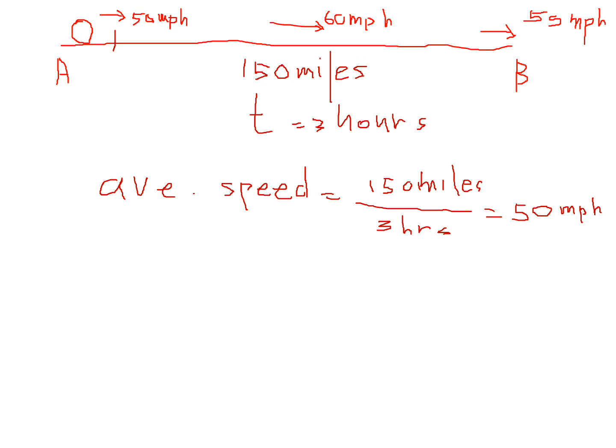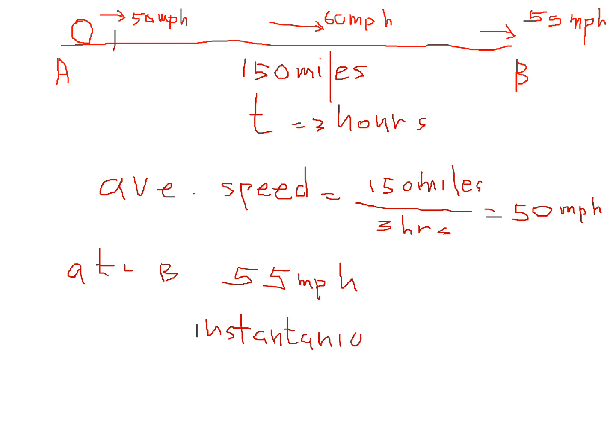If you're just talking about the speed at a given point, let's say at point B, your speed is 55 miles per hour, then you call this speed instantaneous speed, which is your speed at a given location at a given time.